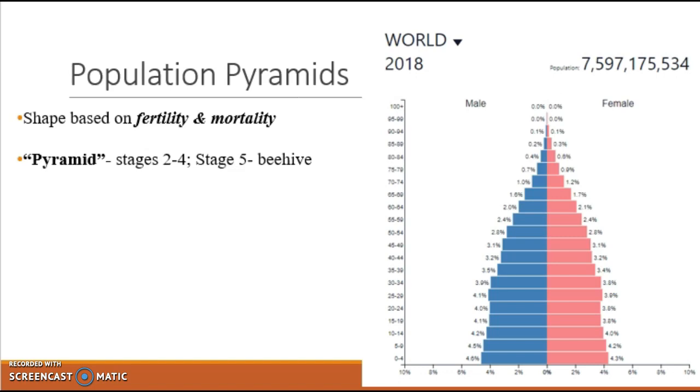And our y-axis, the vertical axis, shows us our age. So if you go up and you look at 75 to 79, you'll see that less than 2% of the global population is actually 75 to 79, and it gets smaller as you go up. But the biggest cohort for our population remains at the bottom, where nearly 9% of our global population is under 4 years of age.